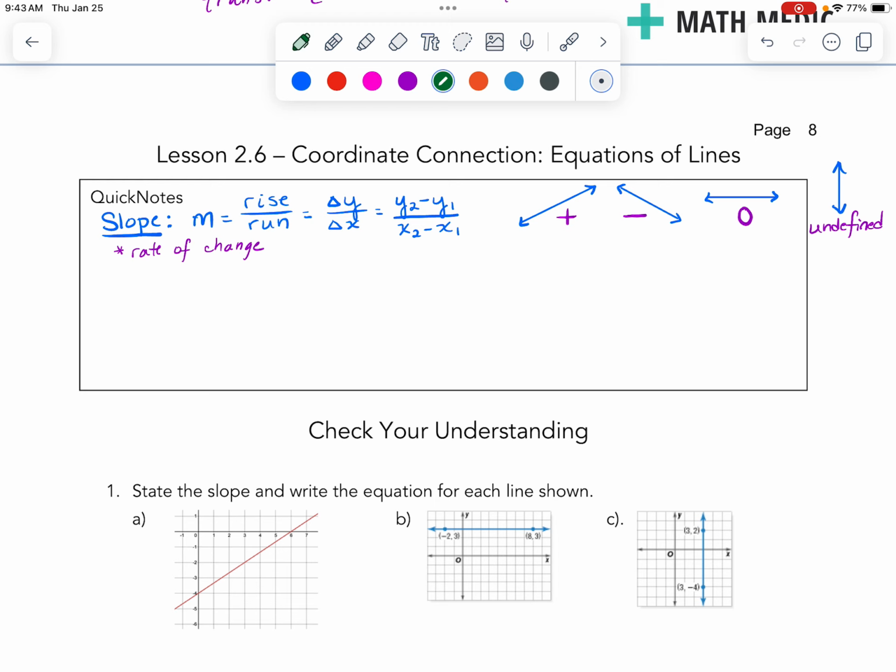Now, positive and negative slopes, the lines that have those slopes, you can write their equations in slope-intercept form. Slope-intercept form of a line is y equals mx plus b.